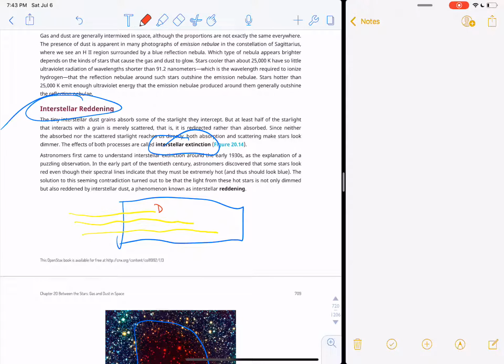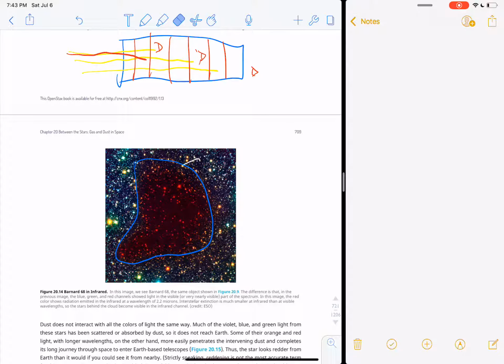If you're here, it's getting dimmer. If you're all the way over here, you won't see any light at all. So basically, the farther you travel through gas, the less far the light gets. The light gets attenuated, dimmer and dimmer until it doesn't make it through. So when you're looking through gas and dust, you can't see the light. And that's a perfect example of this.